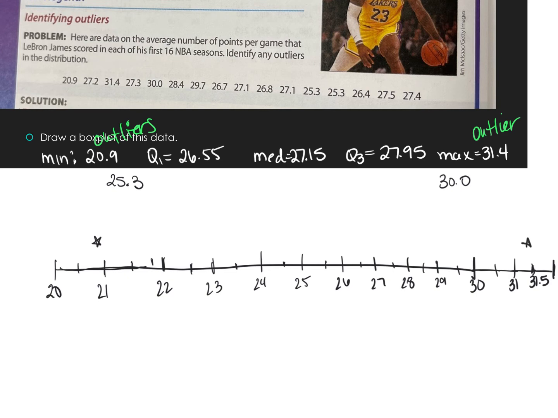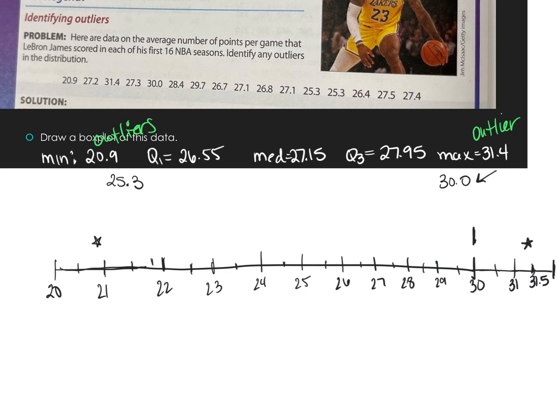We have an outlier at 31.4. Those are our ultimate minimum and maximum, but we're going to bring the box plot into the next highest data value that is not an outlier, which was 30. 30 was not an outlier, so that's going to be the maximum bar for my box plot.